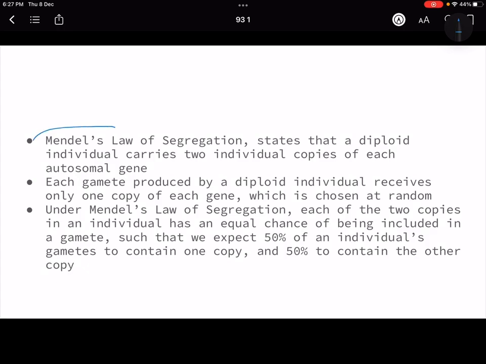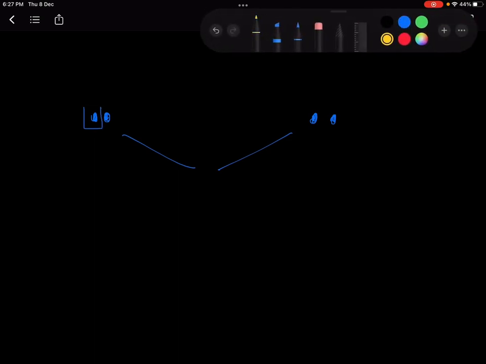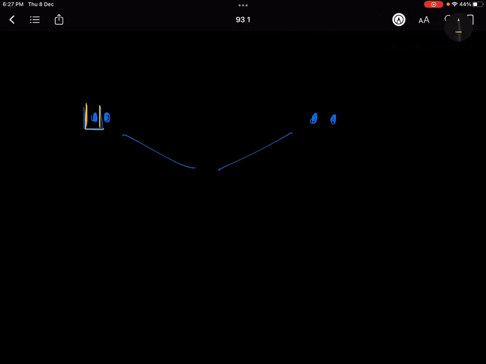So Mendel talked about the law of segregation. What was the law of segregation saying? That for example, this is one diploid cell, ठीक है, that at the time of gamete production, the alleles become independent of each other. That means now they have become 4 different traits, ठीक है, and they have equal probability of getting selected.